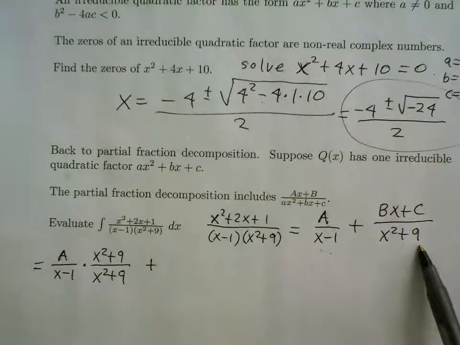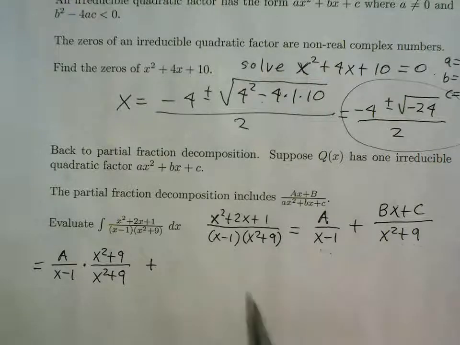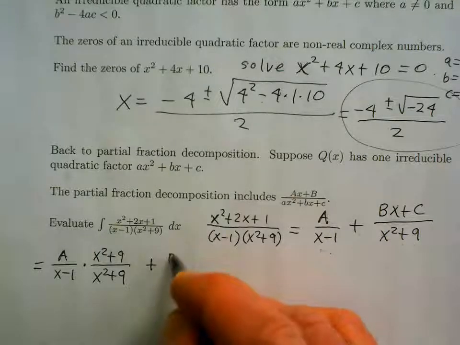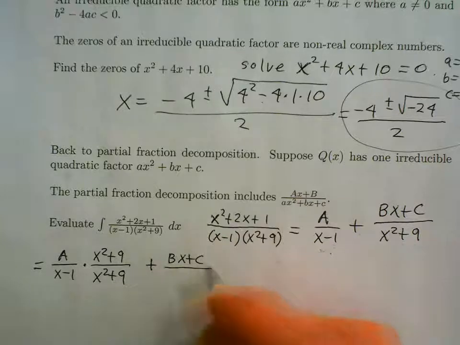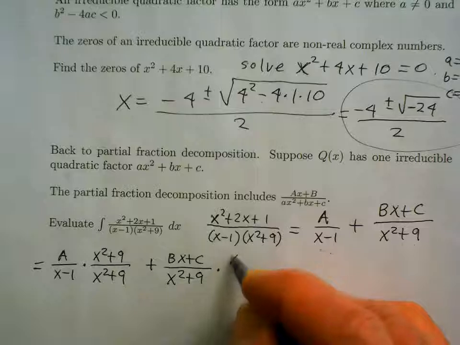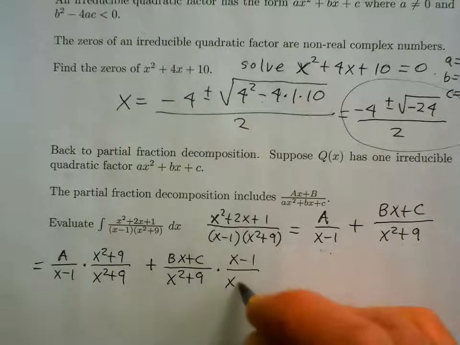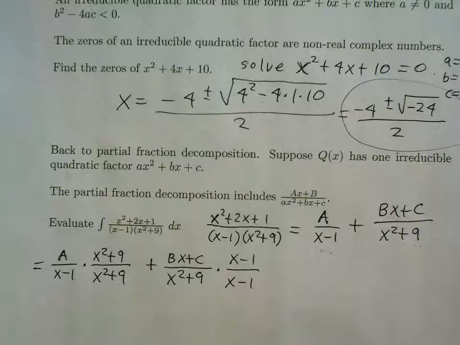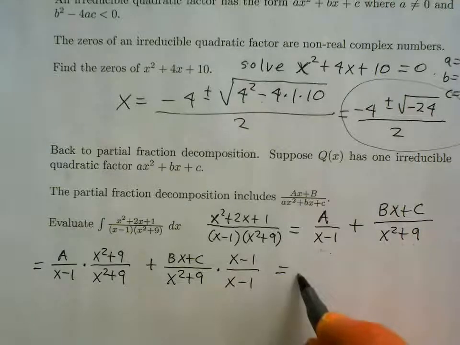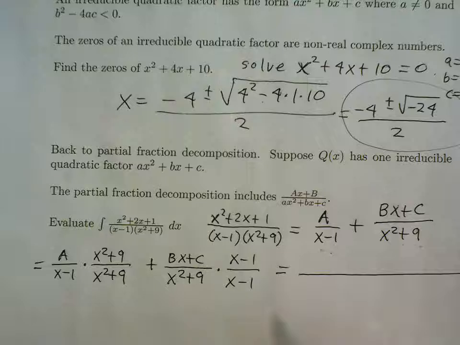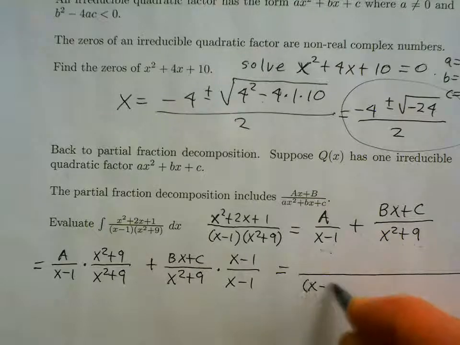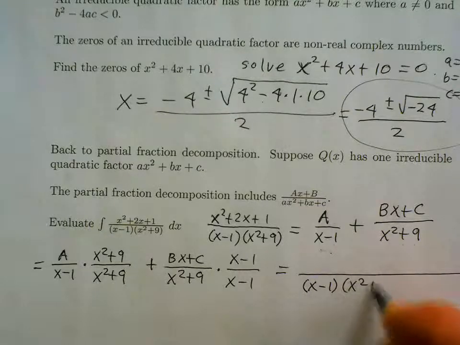We multiply the other fraction, Bx plus C over x squared plus 9, by 1 in the form x minus 1 over x minus 1. Then we can add the fractions because they have a common denominator, x minus 1 times x squared plus 9.